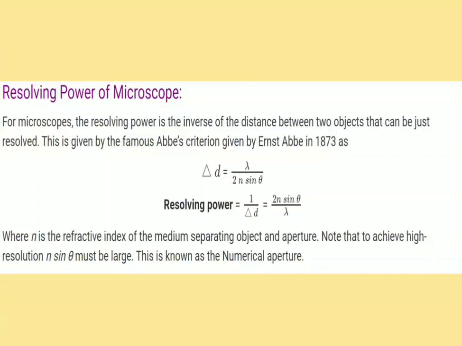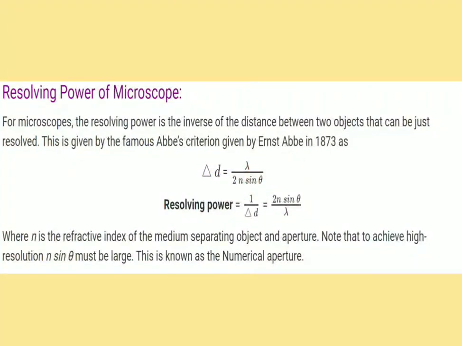So what is the resolving power of a microscope? For a microscope, the resolving power is the inverse of the distance between two objects that can just be resolved, and it was explained by Ernst Abbe in 1873.